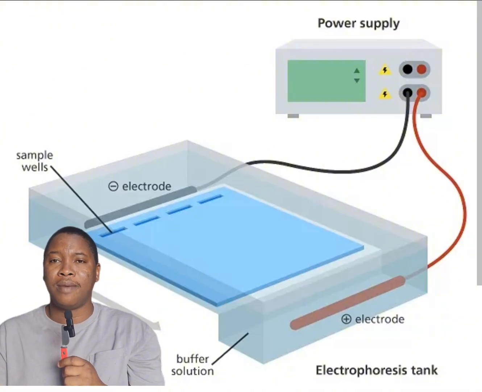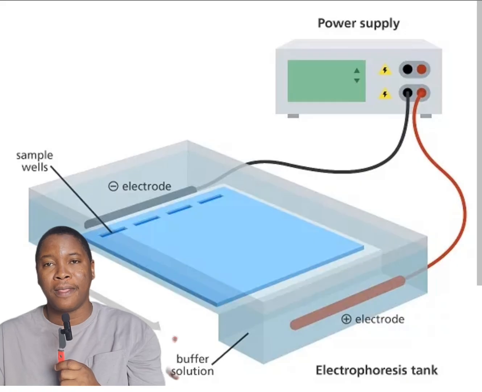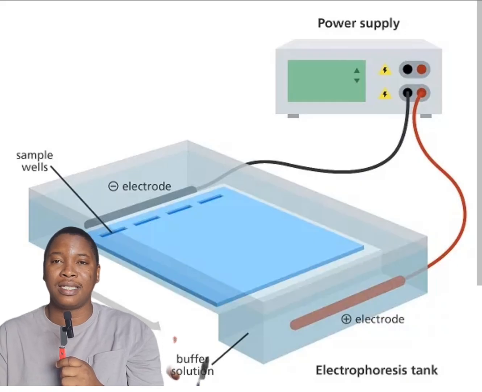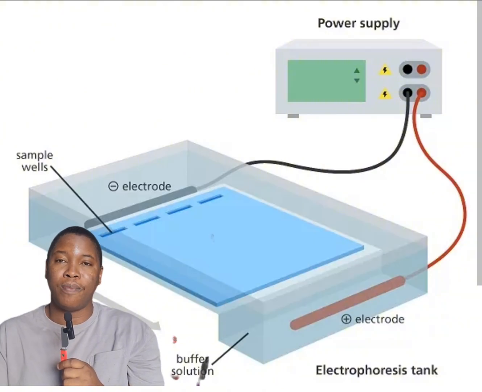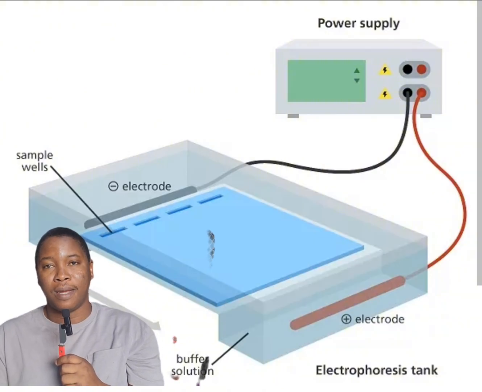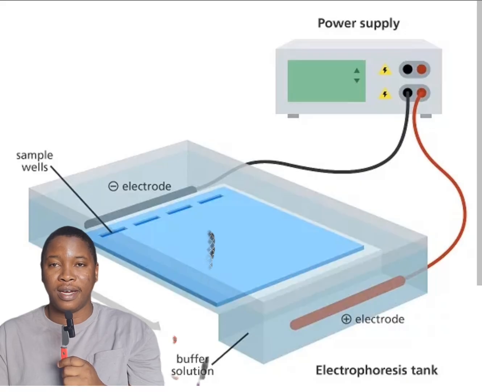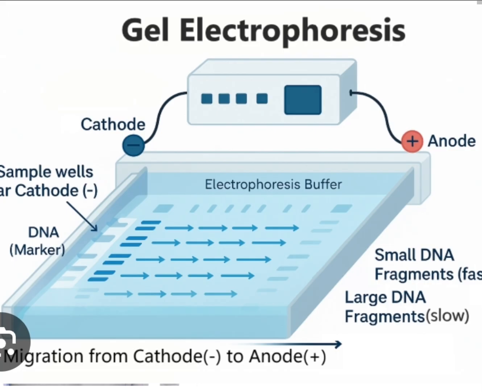Sometimes we just say gel electrophoresis. What we're actually saying is agarose gel electrophoresis, and in that instance, agarose is used as the medium through which these molecules are going to pass for them to be separated. Apart from agarose, you can also have other media that you use for this separation.